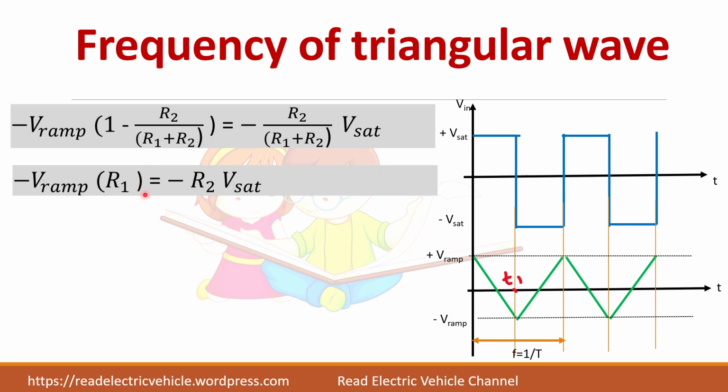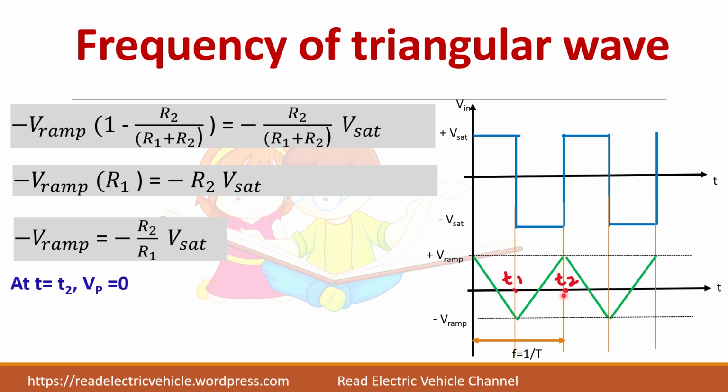So minus V ramp R1 equals minus R2 into Vsat. The common denominator terms get cancelled. So let me write it as minus V ramp is equal to minus R2 by R1 into Vsat. Now you may have a doubt why we write it with a minus here. Because we want to find the peak to peak value, so let us keep it like this itself.